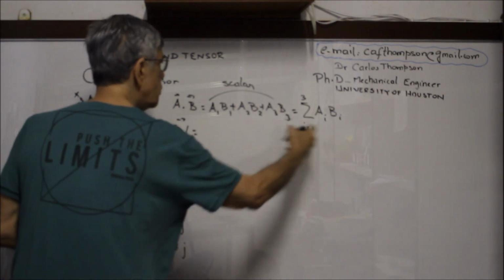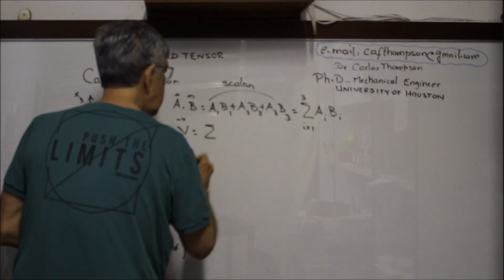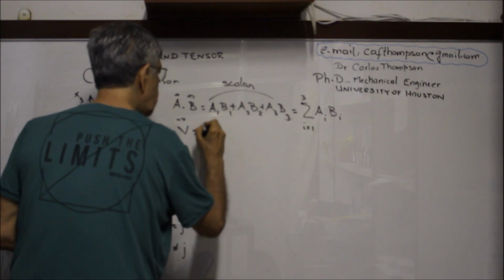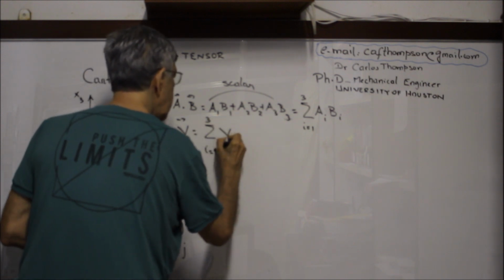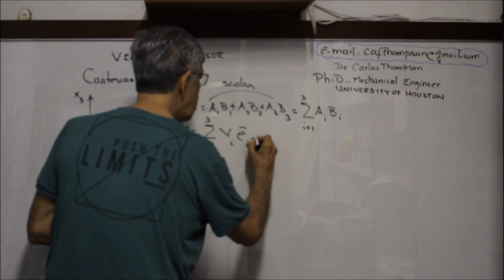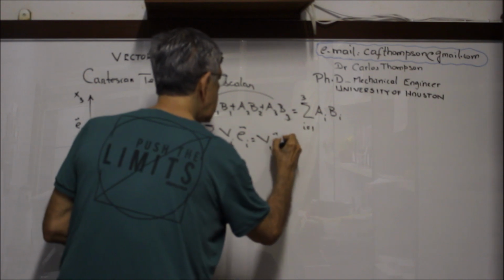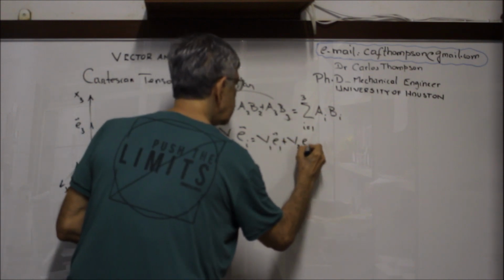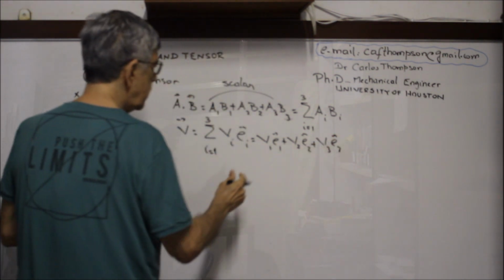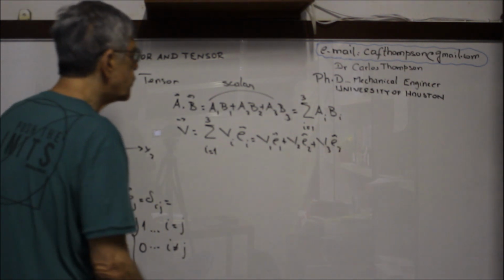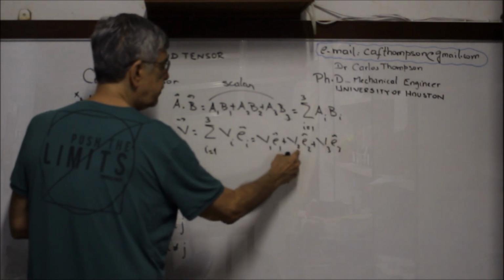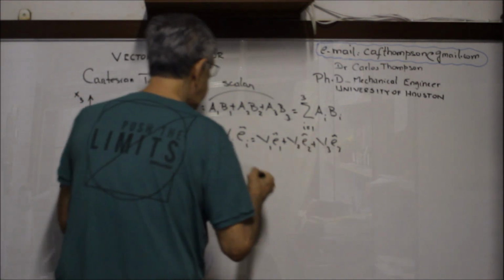For this vector we can also use the sum, i equal 1 to 3, Vi Ei. This is equal to V1 E1 plus V2 E2 plus V3 E3.